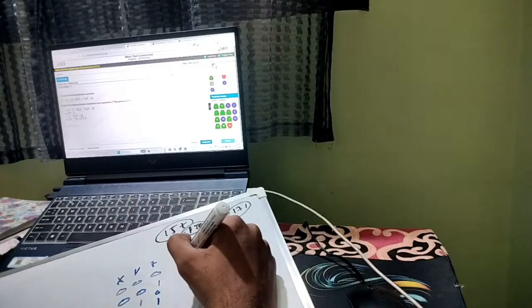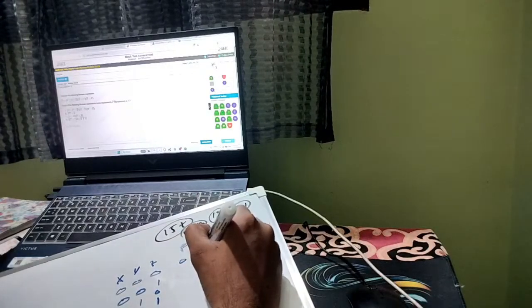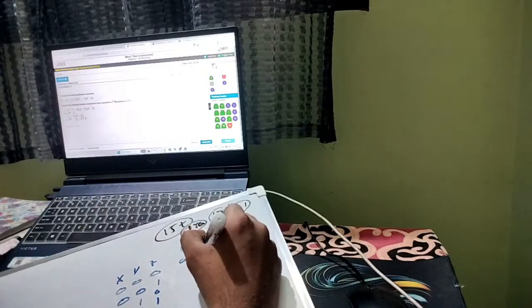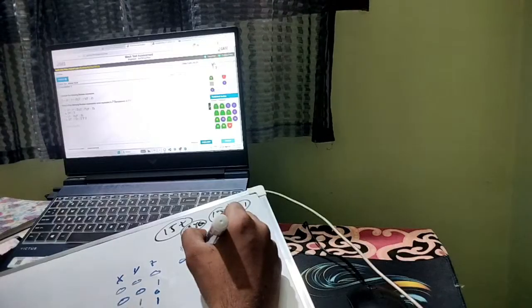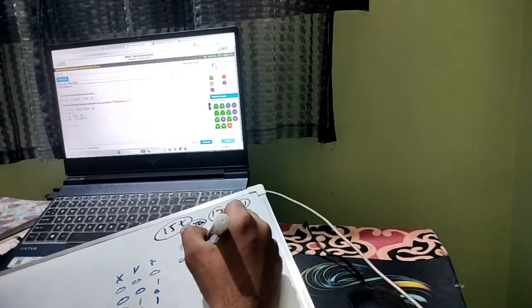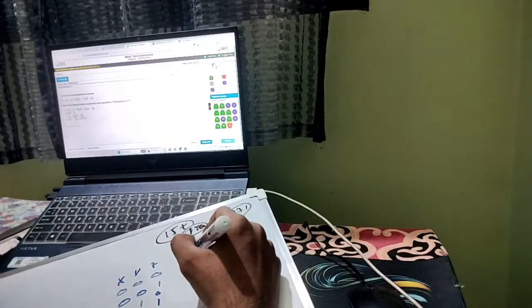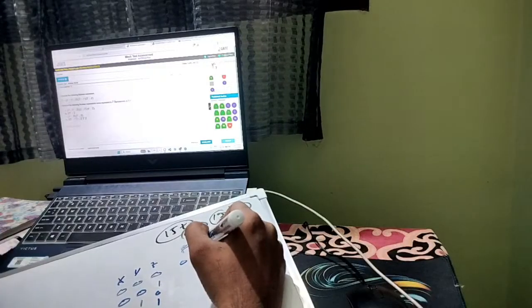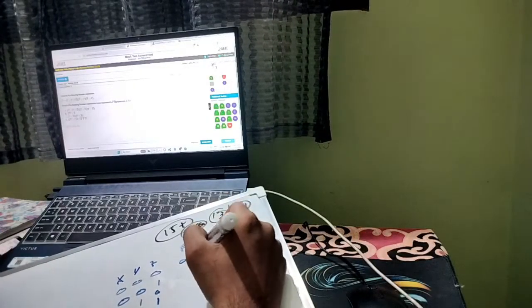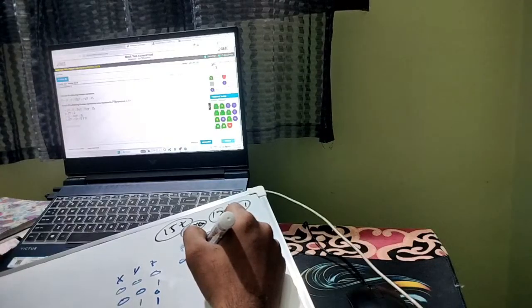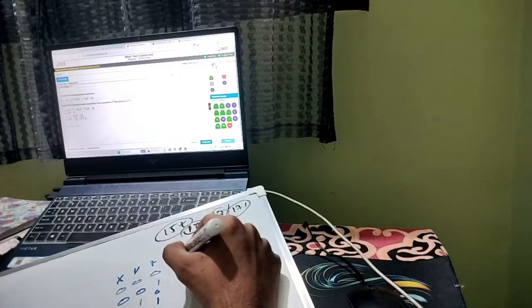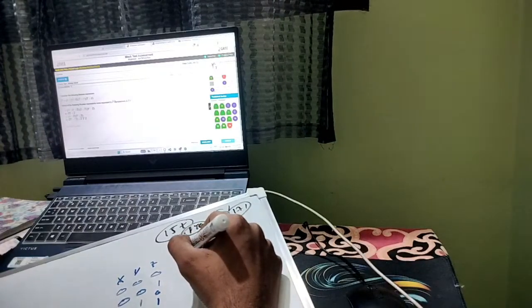If we do 0, then what's the f? So if you do complement of this output, we have to get f. Okay, fine, got it. So x becomes 0, so it will become 1. If we do 1, okay, if it becomes 0, okay, fine. First option. Okay, long one.